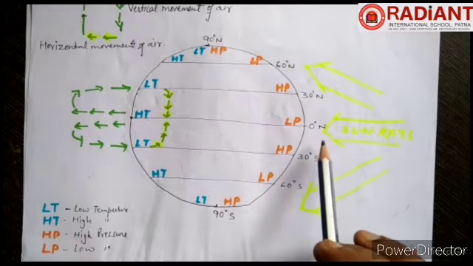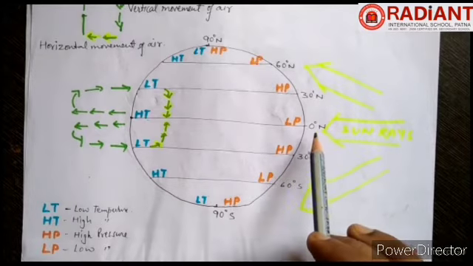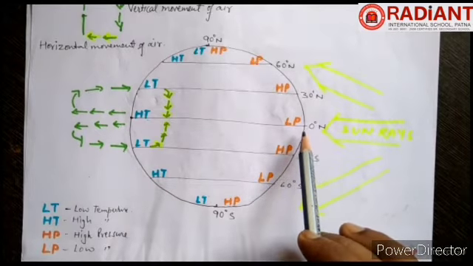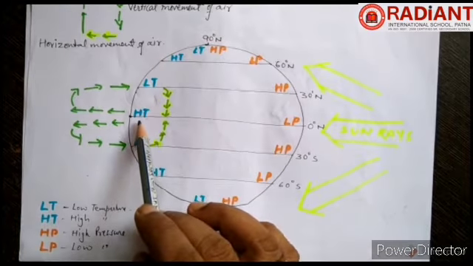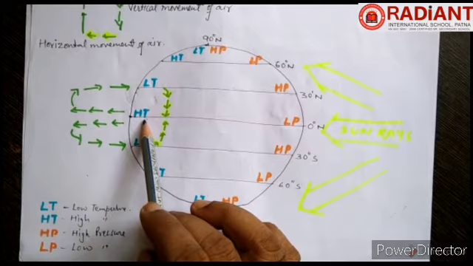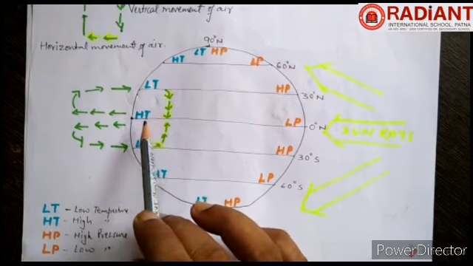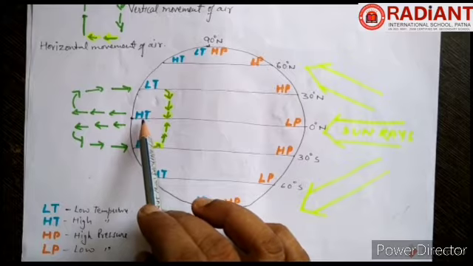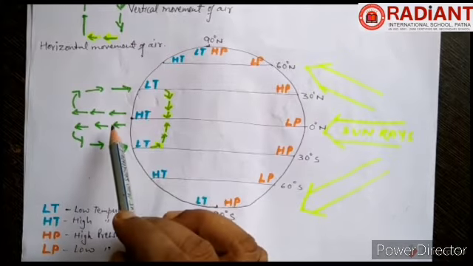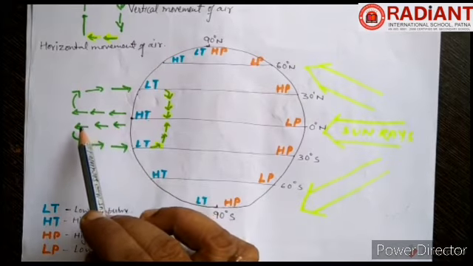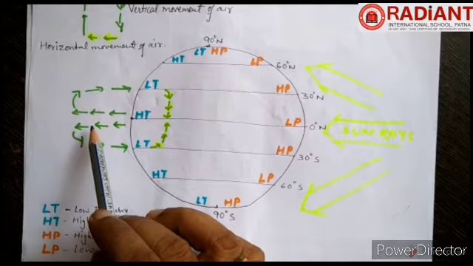So suppose the sun rays are coming on 0 degree, then the temperature would be high. It is denoted by HT. This is high temperature. High temperature leads to heating of the air, and this heated air will become light. And when it becomes light, it will move upward. You can see from these green arrows.